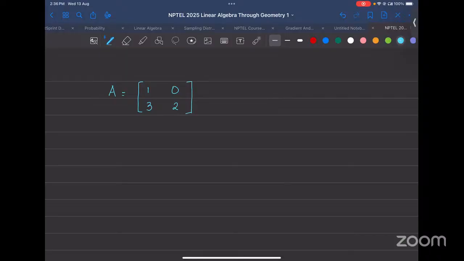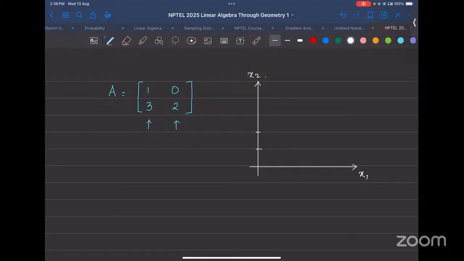Now, if I want to visualize this, there's no question of visualizing a matrix. You could probably visualize the effect of this matrix on a vector. But if you really want to visualize this, the only thing I can do is take this column vector and this column vector and plot them like we normally do. I have my x1 axis and my x2 axis.